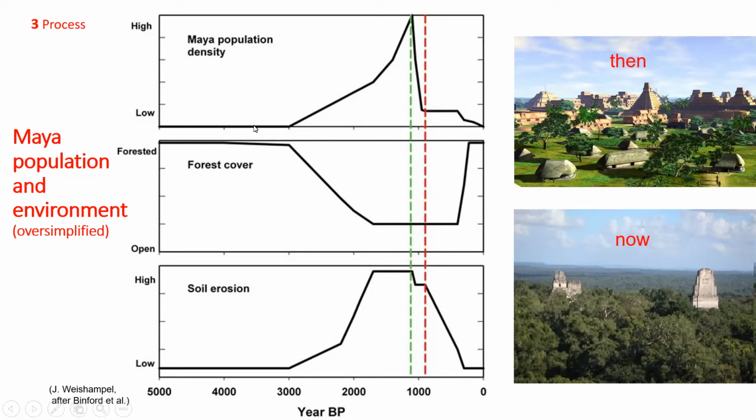Here we have Maya population. They trickled into the area about 3,000 years before present. They started to get more population really built up. And then for some reason, about 950, it crashed and went way down.